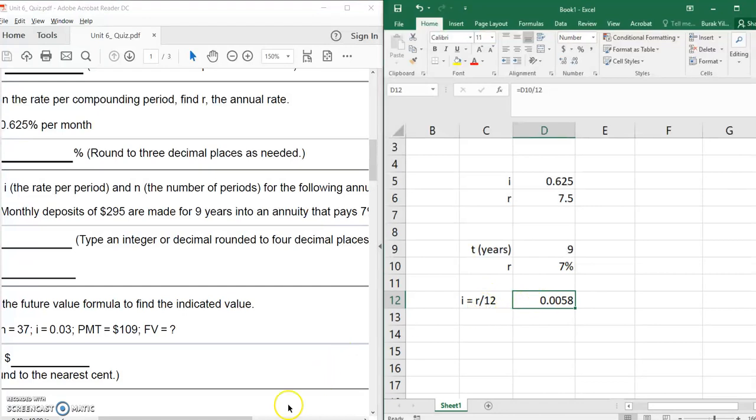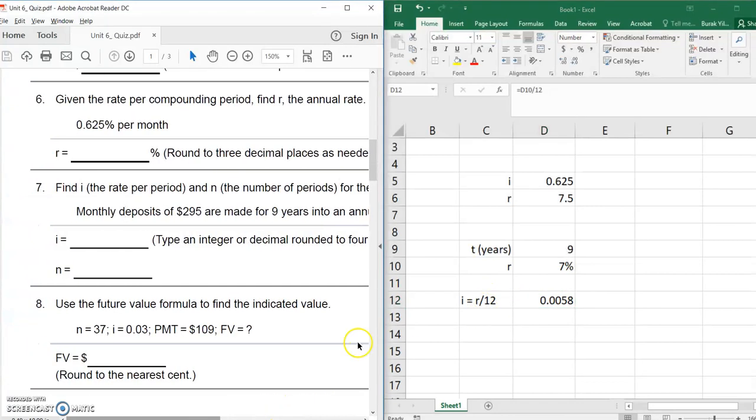So that's I. And then N is the total number of compounding periods. Since this account is compounded monthly and it is set for 9 years, N would be 9 times 12, because for 9 years you make deposits every month. So 108 is N.